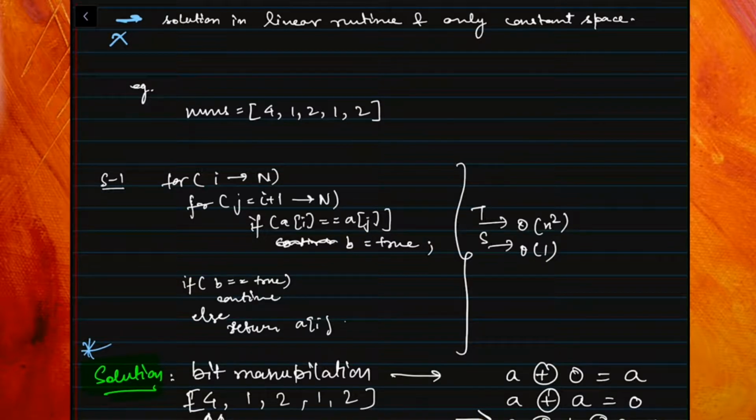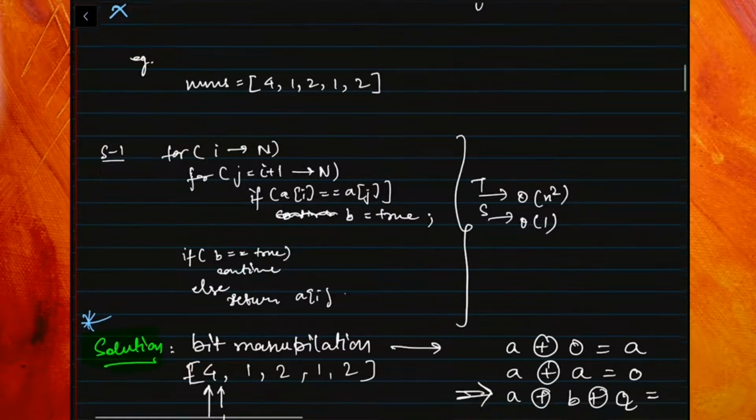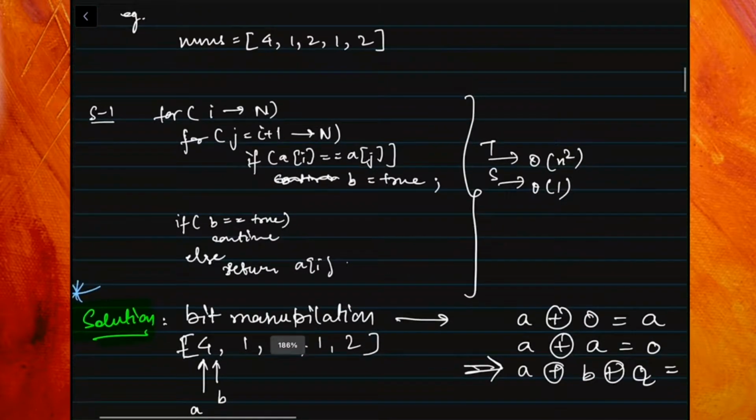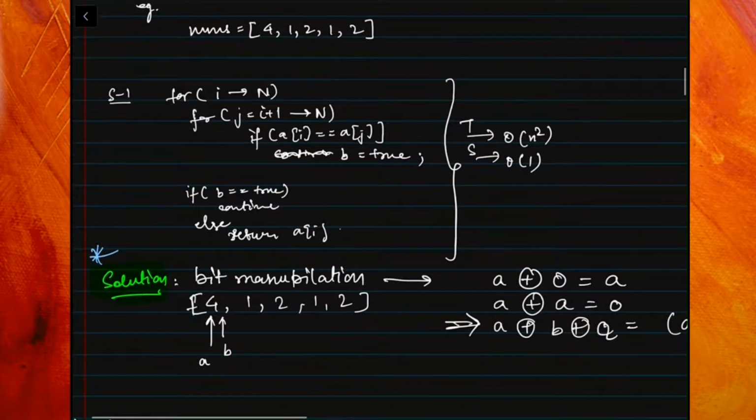Else, if that number is not repeated, we return that number. For this, the time complexity would have been O of n square, and the space would have been only O of 1. Another method is bit manipulation.